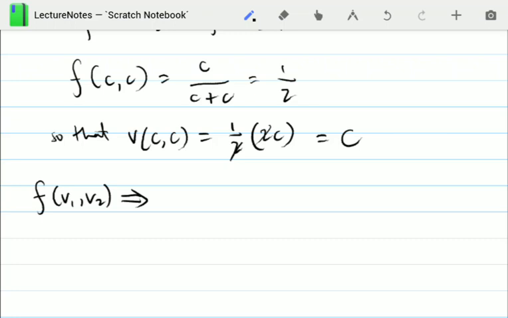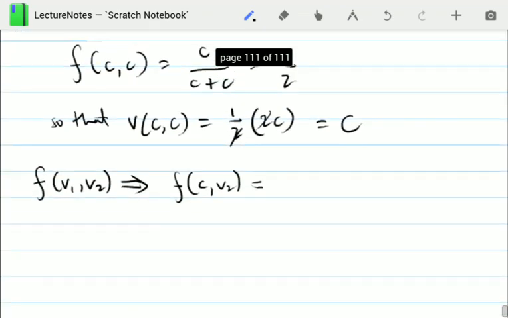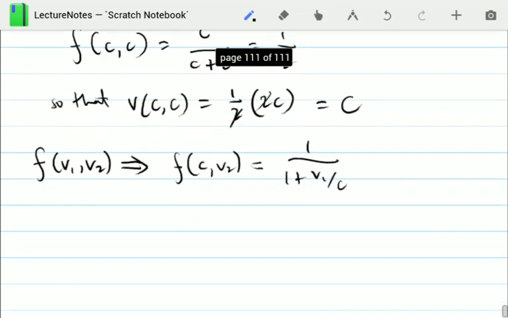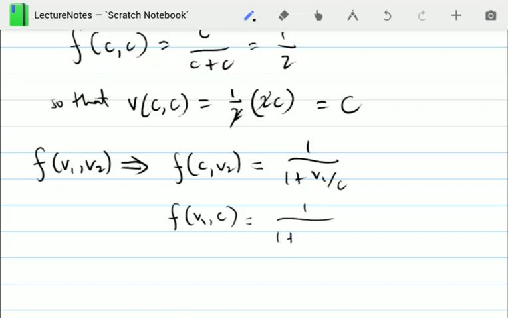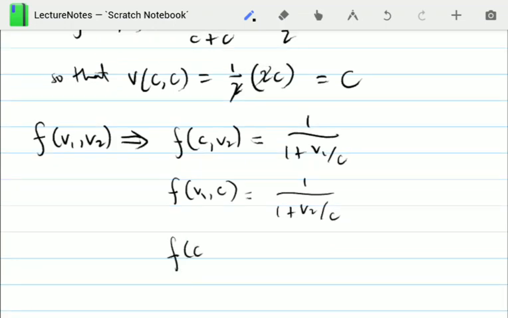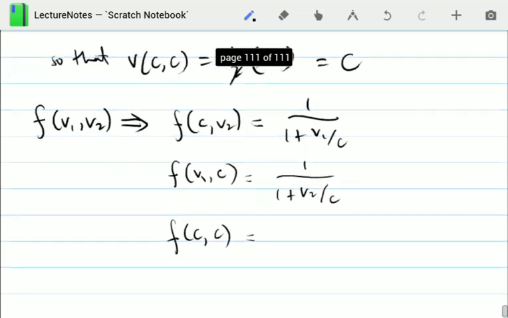It behaves as follows. When v1 is equal to c, it looks like 1 over 1 plus v1 over c. When v2 is equal to c, it behaves like 1 over 1 plus v2 over c. And when both of them are equal to c, it becomes 1/2.